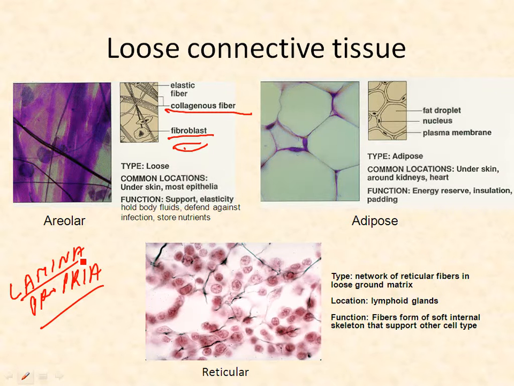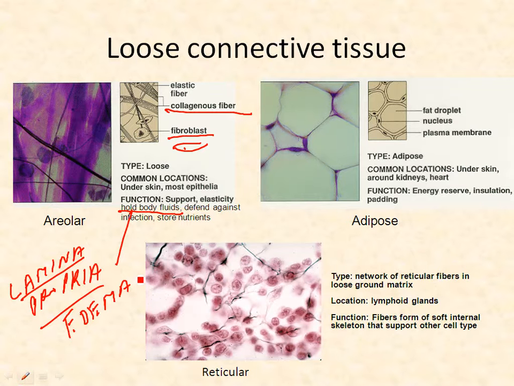The function of the areolar tissue is to provide support, elasticity, hold body fluids. This is the one when there's any inflammation that soak up a lot of water and swell and form what we see as edema, and defend against infections because of the macrophages as well as the WBCs that are found in the areolar tissue, and they store nutrients.